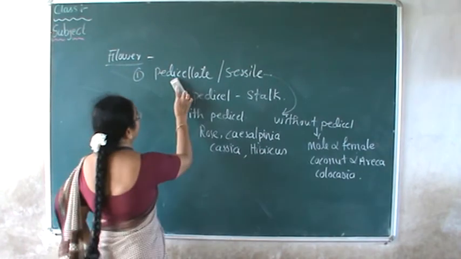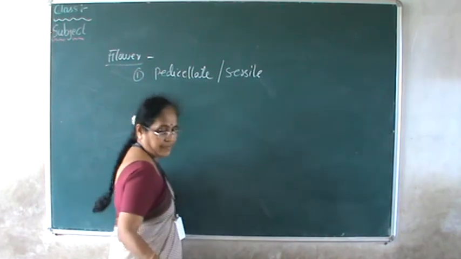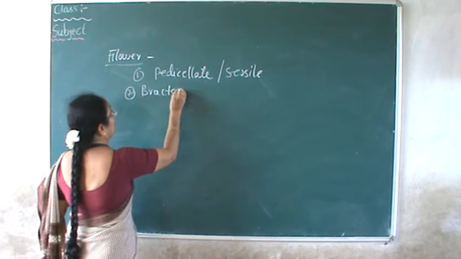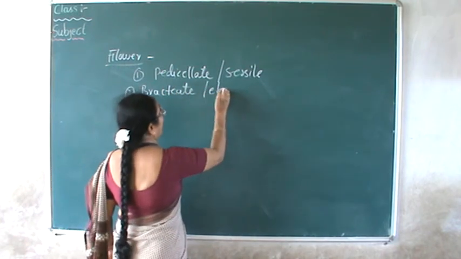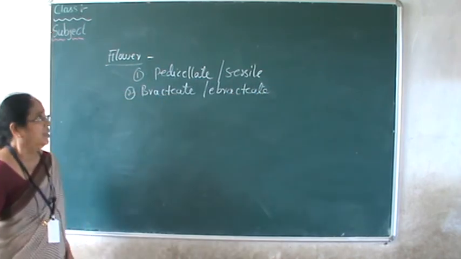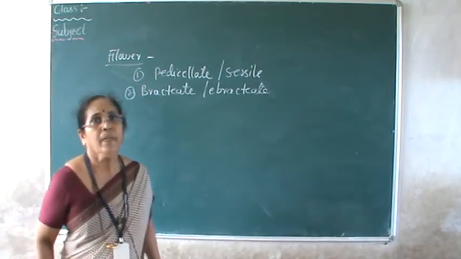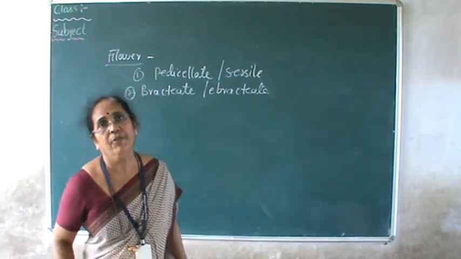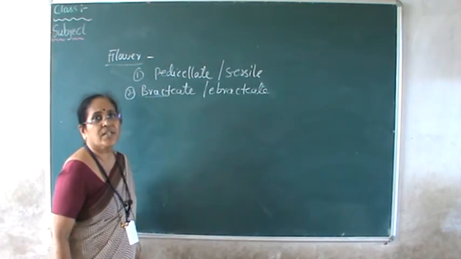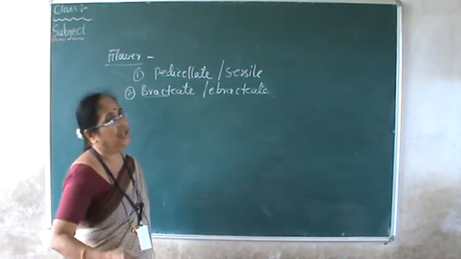Now, the next word is bracteate or ebracteate flower. In the leaf study you have studied stipulate or exstipulate leaf. Similarly, the bract is an extra leaf-like structure found at the base of the flower, the junction from which the flower arises.